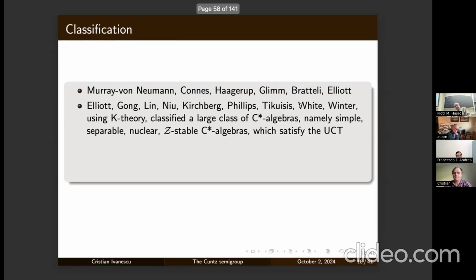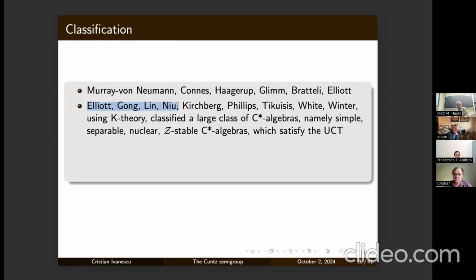Maybe the list is not complete, of course, because there are many names I should have included, but it's fair to say that the names I'm posting are the ones who had major contributions. So we have Kirchberg and Phillips, who classified the purely infinite ones. And then we have Tikuisis, White, and Winter, who contributed on the traces. And then maybe the heavy lifting was done by Elliott, Gong, Lin, and Niu, where they completed the classification.